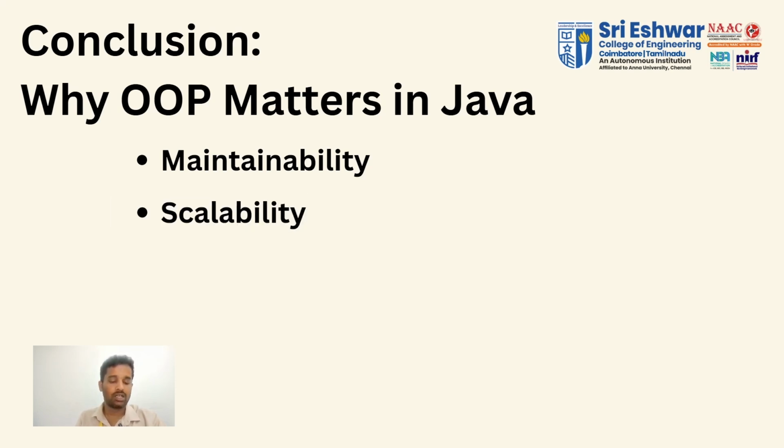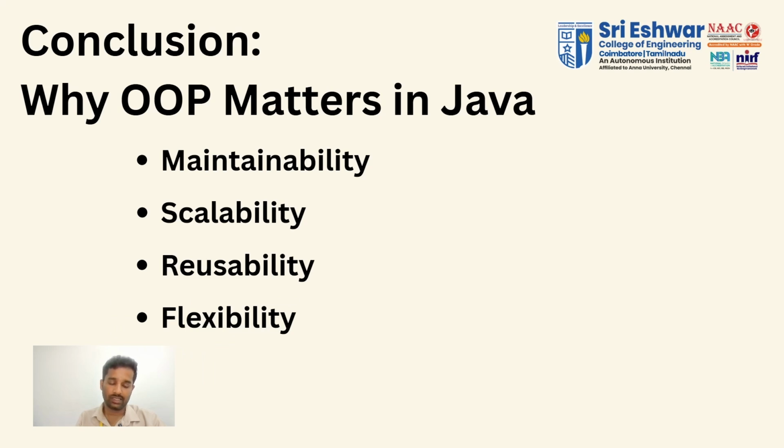The structured object-based approach allows applications to grow larger and handle complexity better. Reusability: the code is efficiently shared and extended through inheritance, saving development time. Then flexibility: systems can adapt easily to new types of objects and requirements with the help of polymorphism.